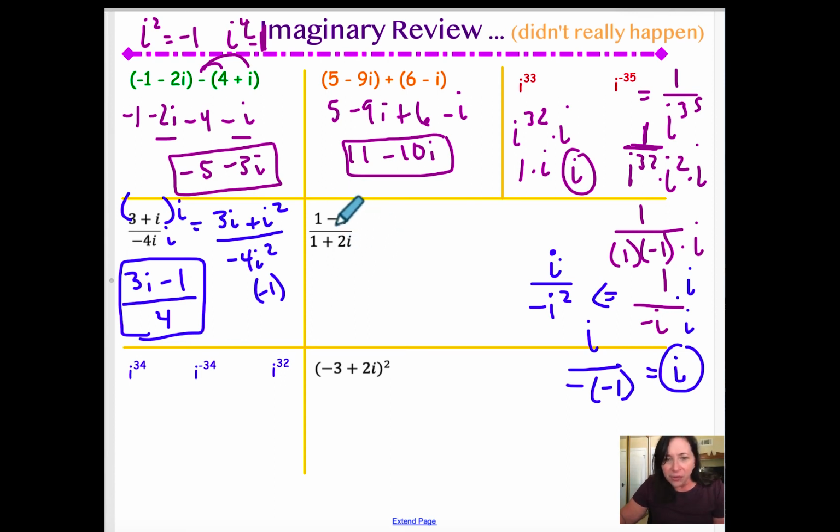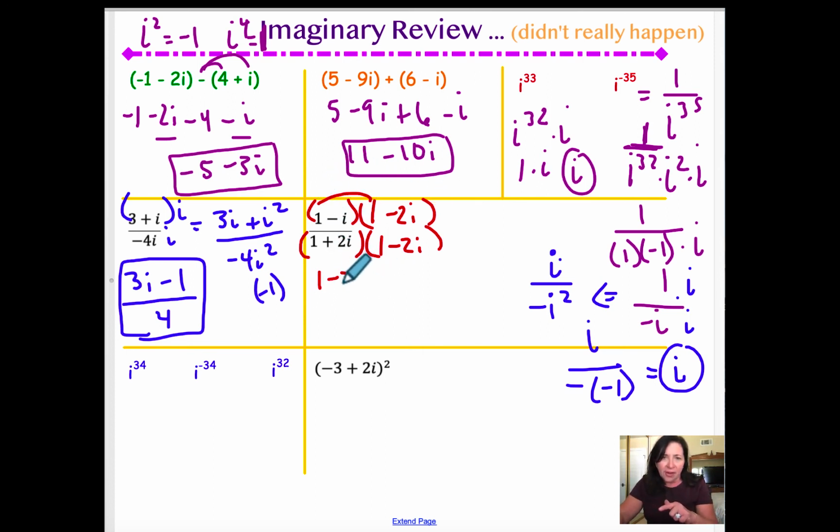Okay, so for this one, we are actually going to multiply by the conjugate of this denominator, and by doing that, that is going to rid me of the i on the denominator. So the conjugate is 1 minus 2i, 1 minus 2i. And so in distributing, I get 1 times 1, which is 1, 1 times negative 2i, so that's negative 2i.